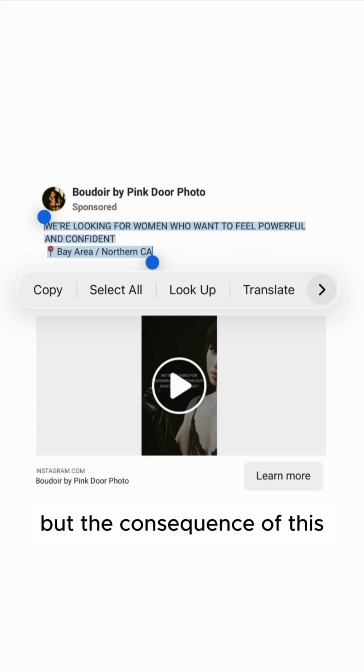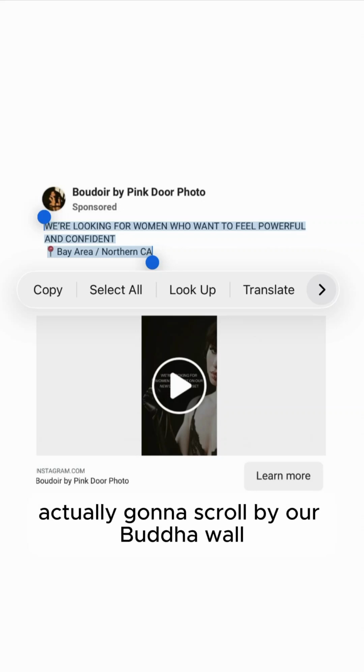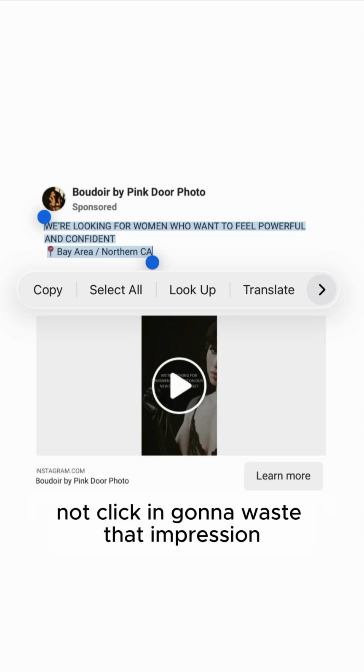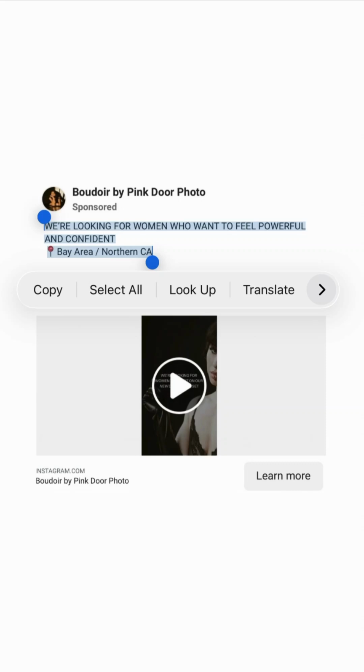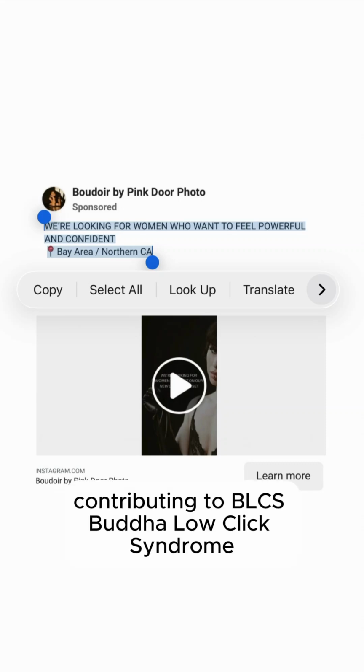But the consequence of making this mistake is way more women are going to scroll by our boudoir Facebook ad, not click in, and waste that impression, bringing our unique CTR under 6%, contributing to BLCS, boudoir low click syndrome.